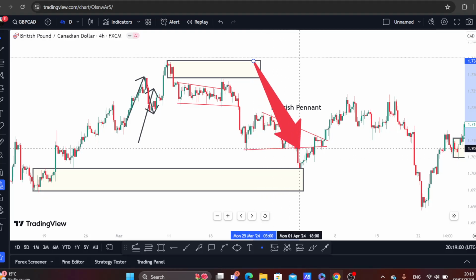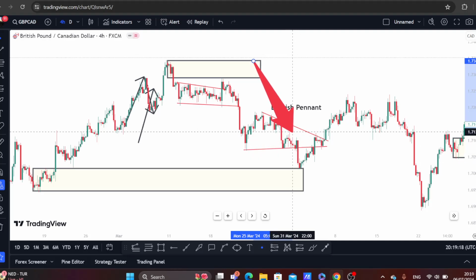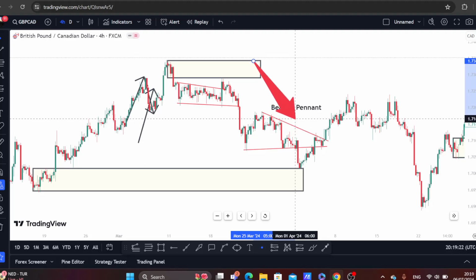So when this breakout occurred with a big bearish candle, many are gonna go short. And you had another confirmation of a lower close of the red candle. So two confirmations, and you went short. Where's your stop gonna be? Stop gonna be above the pennant.